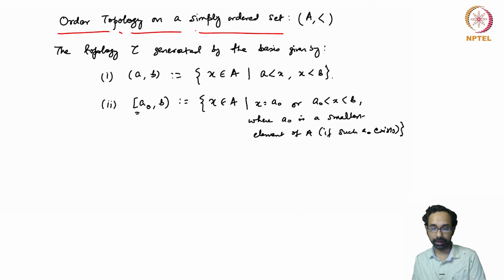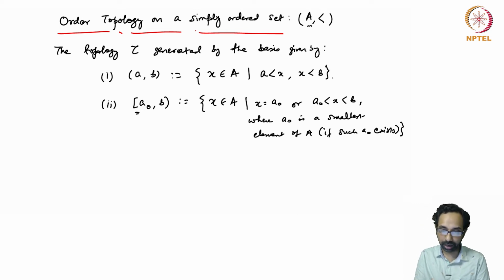So if your set A has a smallest element a0, then we include the half closed interval from a0 to b.